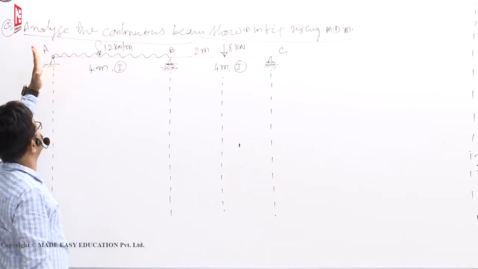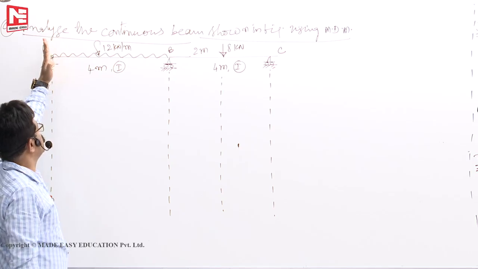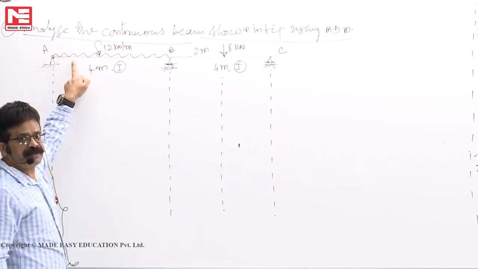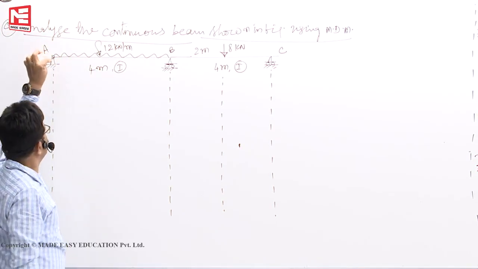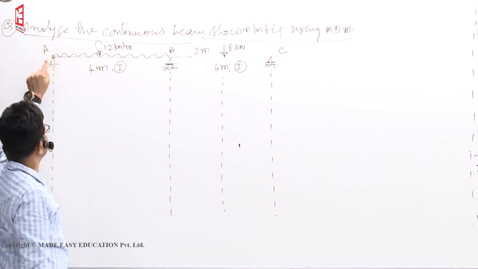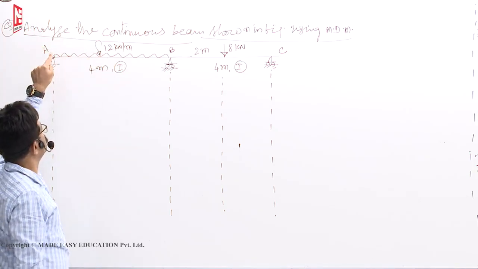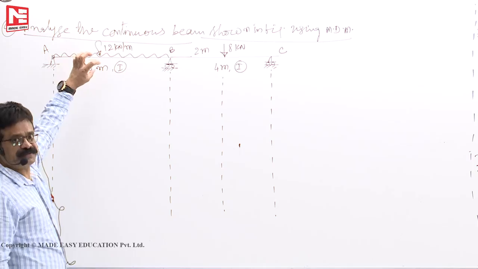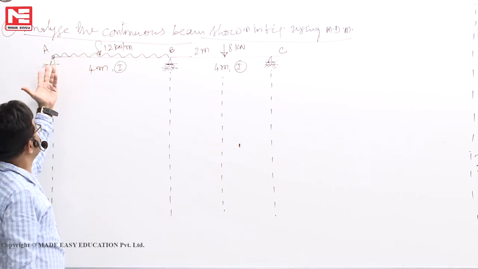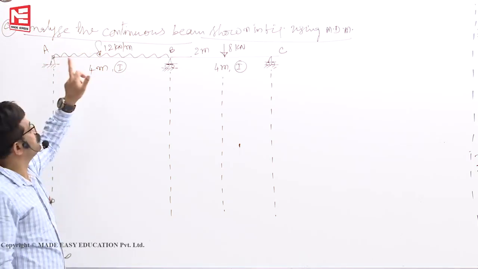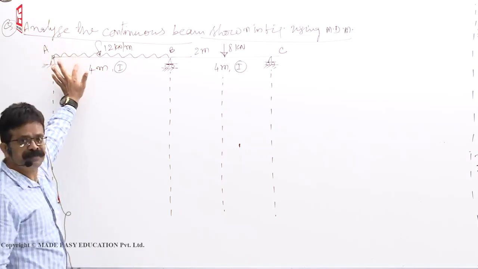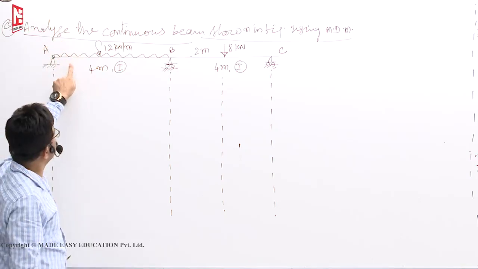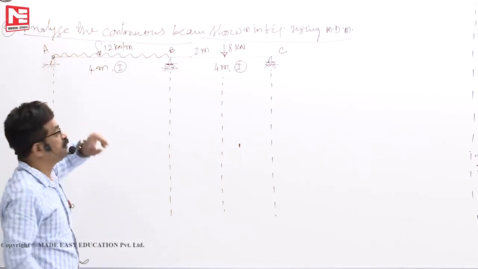At that support there is only one member. If you apply any moment, how many members will share? The pin says it cannot take it, so whatever moment you apply, only one member will take it. So the distribution factor at A is 1.